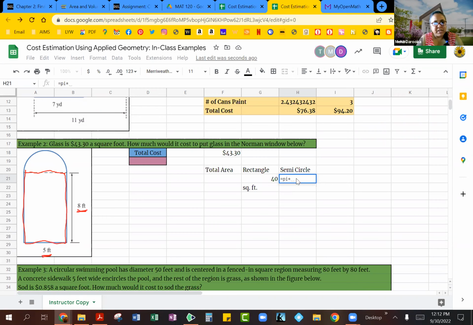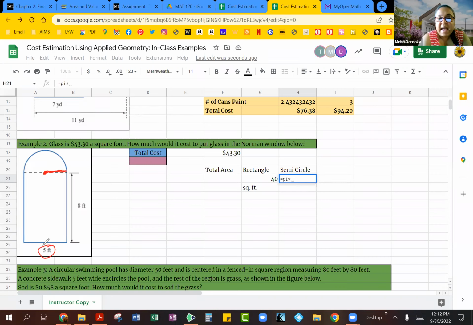What about the rest of you? Terry, very nice. Brooks, very good. Yeah. So we are taking pi for the 3.14. Now, as far as the radius of your semicircle goes, that would be from the center to the edge.